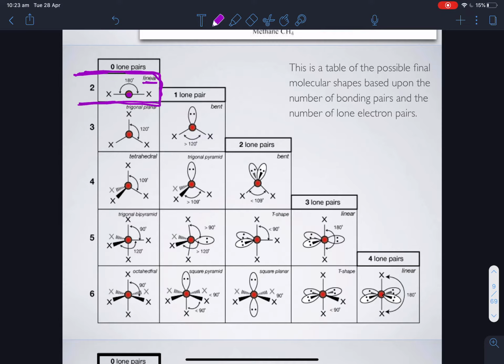Okay, when we get 3 bonding regions, we've got 2 possibilities. This one here is where we have 3 actual bonds, and that's called trigonal planar, where 3 of the atoms are arranged 120 degrees apart from each other, all the way around. But we can also have 3 bonding regions and 1 lone pair.